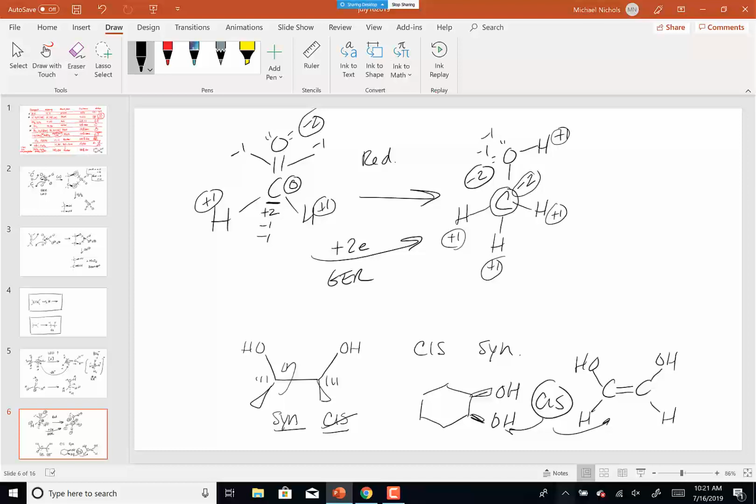But I will still probably call this cis hydroxylation. Most times we're going to be seeing this as being cis when we're doing the reaction with an alkene that's in a ring, because that's when we're going to see the two OH groups.